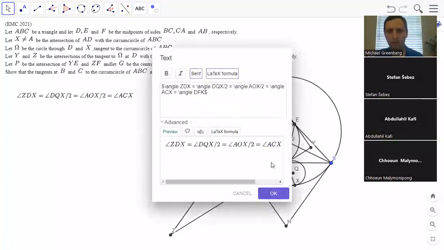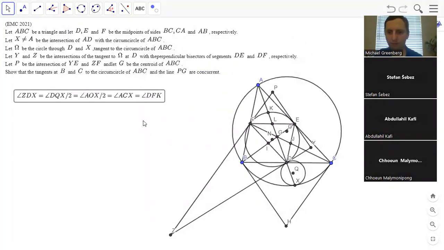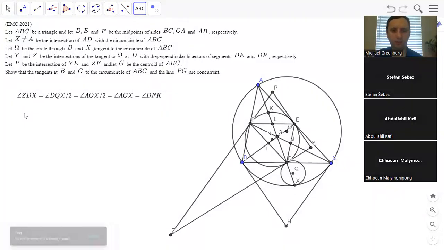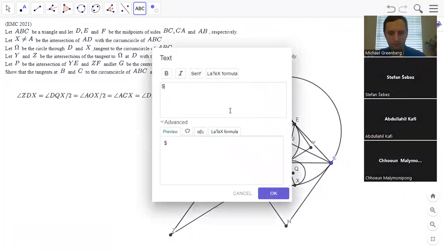And so this implies DZY is also tangent to DEF. And once we know that, then the problem's not too hard.